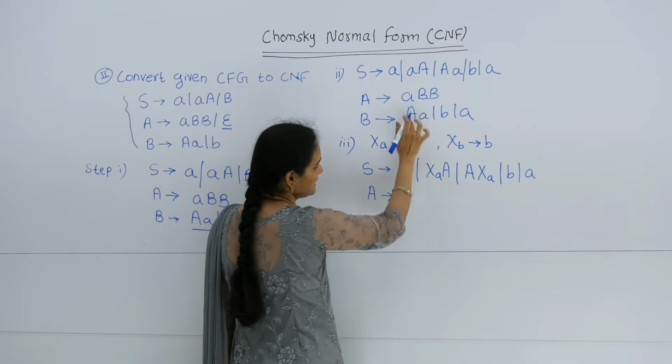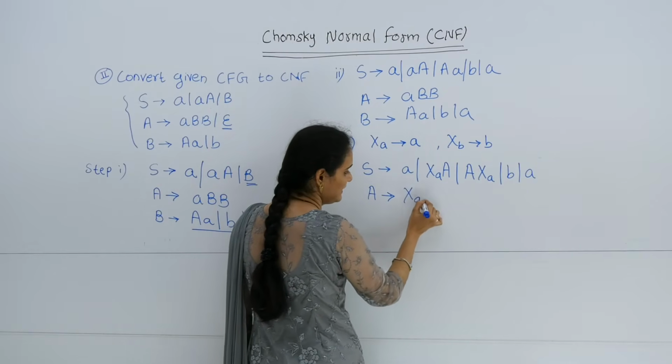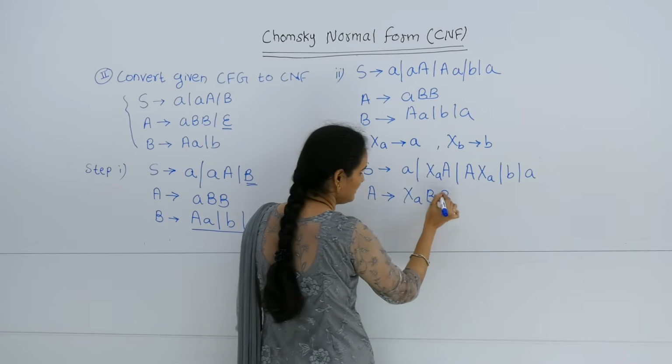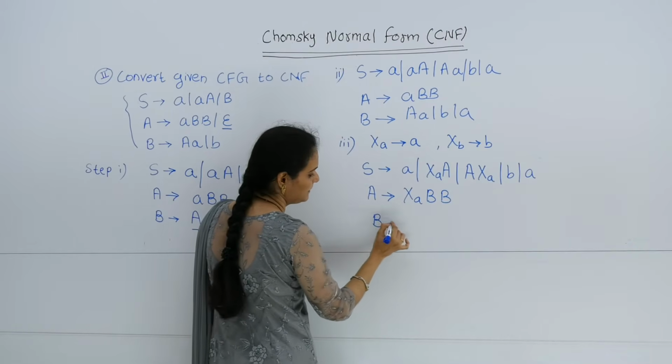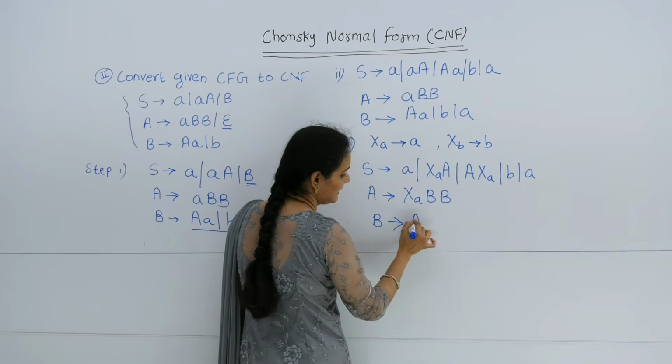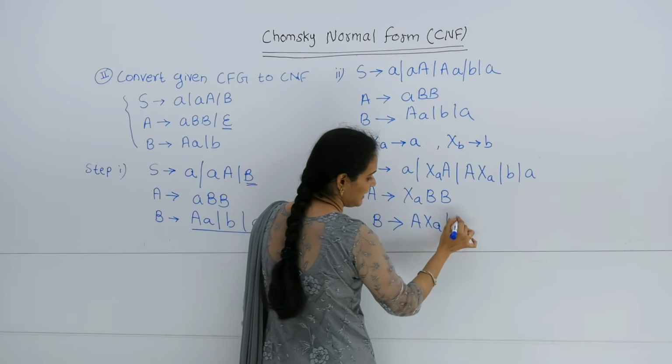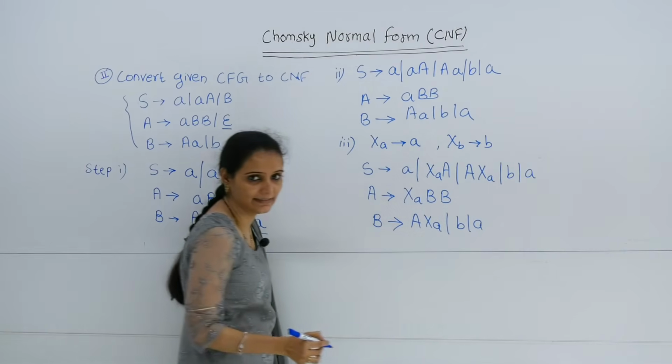Capital A produces, now A will be replaced by XA, B, B. Capital B produces A, XA, and both keep as they are.